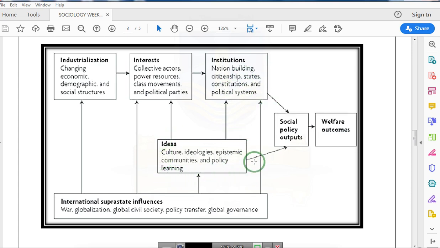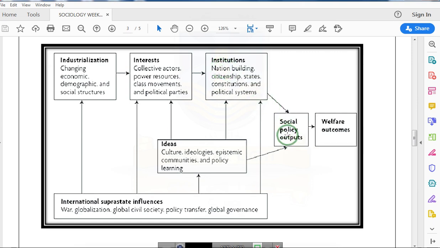Now, the theoretical or conceptual framework behind such interests and institutions, or ideas, and even these international suprastate influences will also have their direct implications upon ideas like culture, ideologies of social and political nature, epistemic communities, and policy learning, ideas leading into interests, ideas leading into institutions, and then ideas turning into social policy outputs in exactly the same manner as institutions would do.